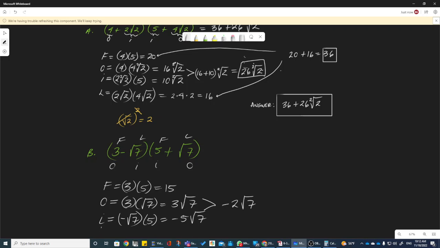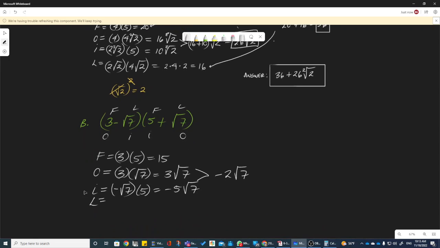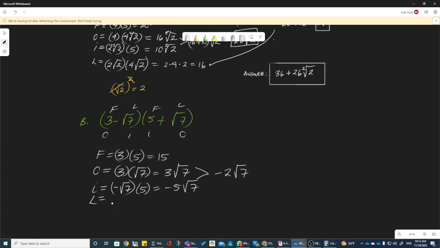And then last, it's negative square root of 7 times positive square root of 7, okay? So that is equal to negative 7 because this is squared, right? And that cancels each other, all right?